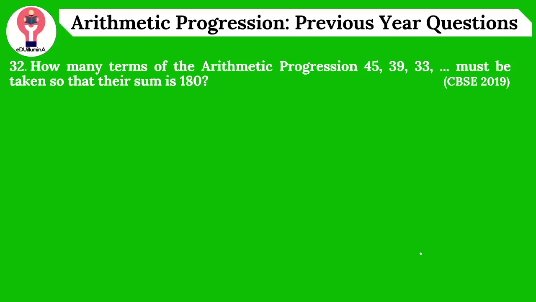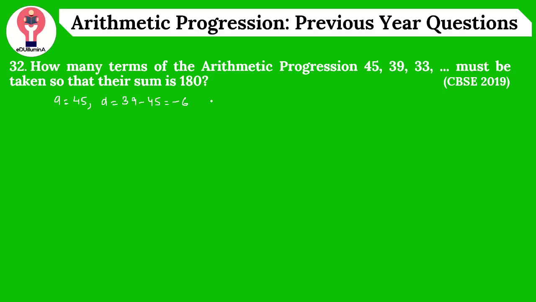the next one is: how many terms of the AP 45, 39, 33 must be taken so that their sum is 180? So in the given AP, first term a is 45 and common difference will be equal to 39 minus 45 is equal to -6, and we want to check how many terms must be taken so that their sum is 180.